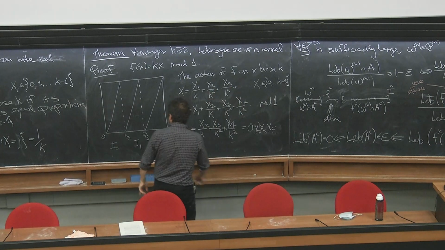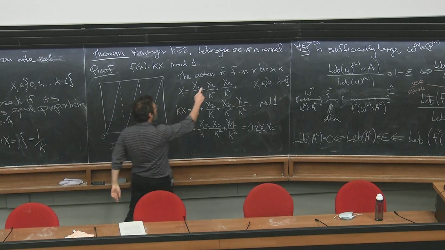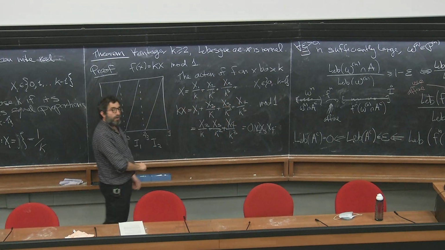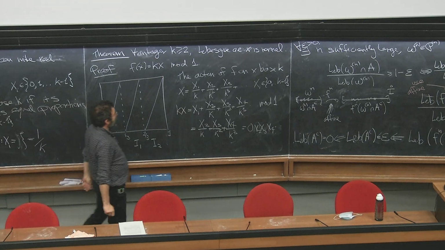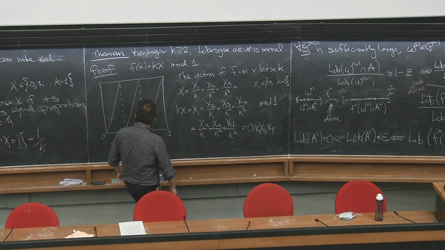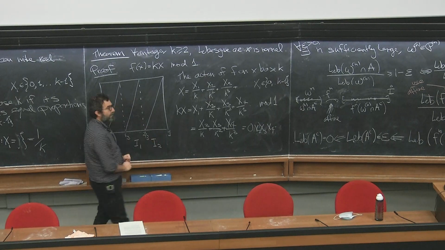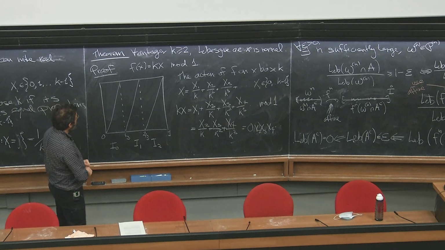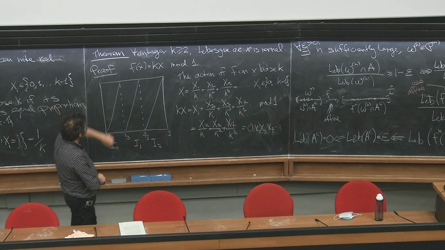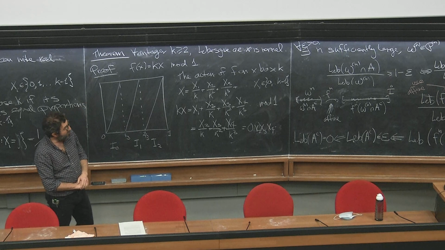And similarly, you fall in I1 if and only if this digit is 1, and so on. So there is a perfect correspondence between the value of the digit and the interval that you fall in.